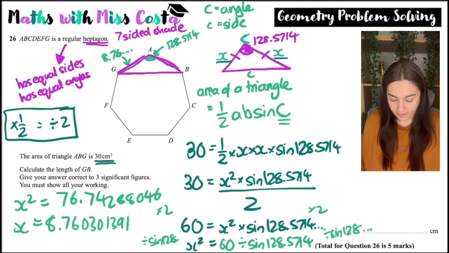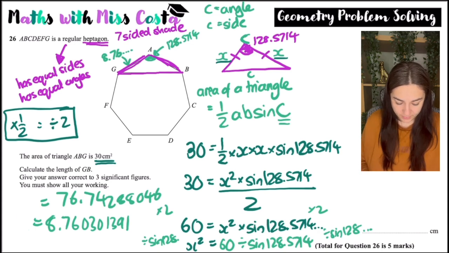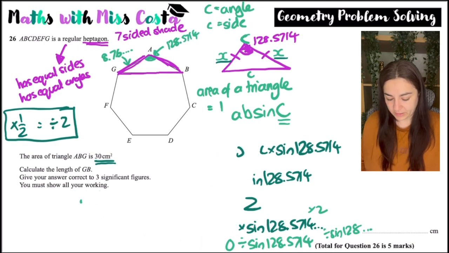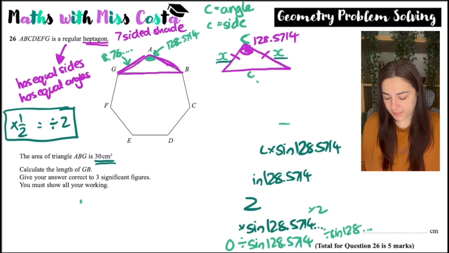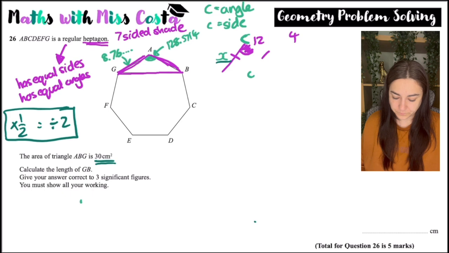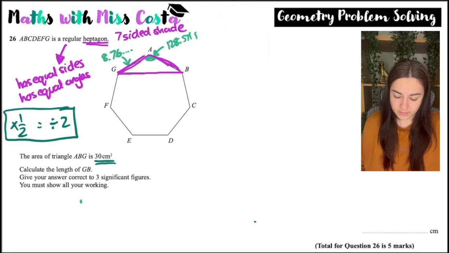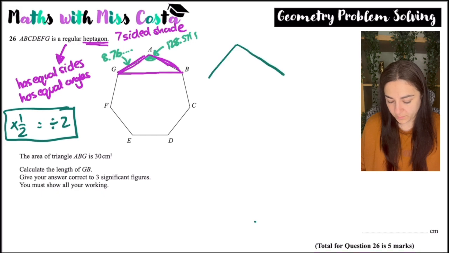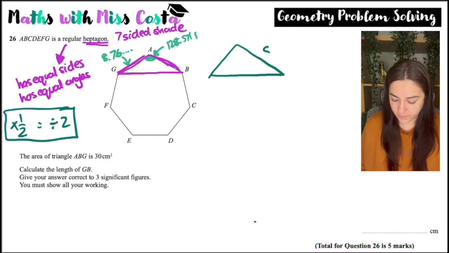And I'm trying to work out the length of GB. So once again, I'm going to use maybe the sine rule, maybe the cosine rule. Let's have a look at the information that I've been given. Okay, so I've got our triangle. I now know a little bit more information.